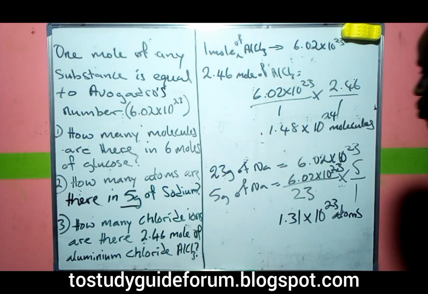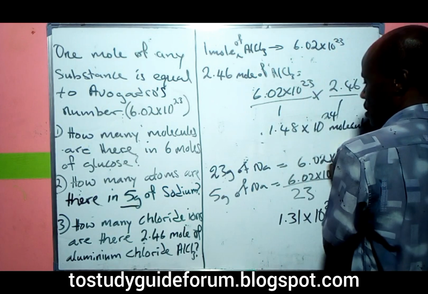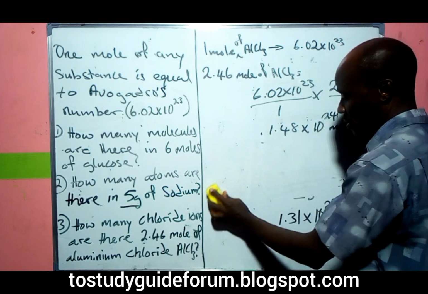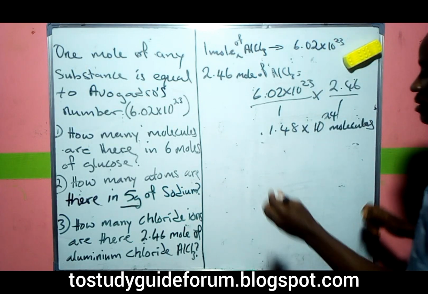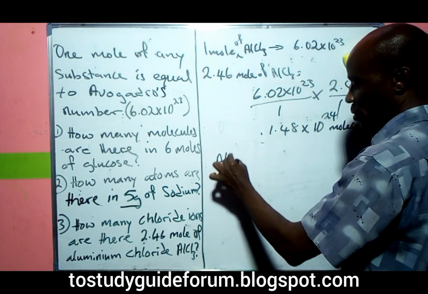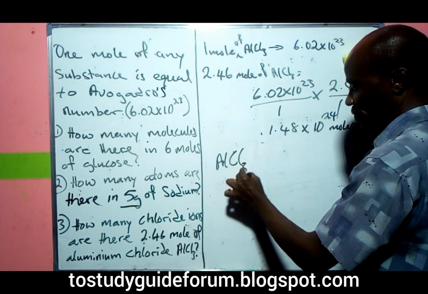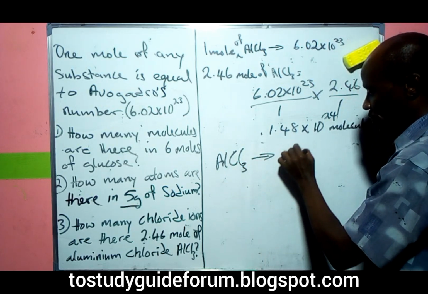Now, there's something I want us to really understand here. We know that in aluminium chloride, the chloride ion is what we are looking for.